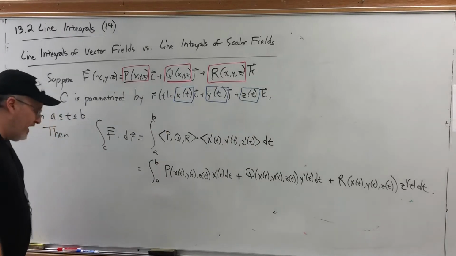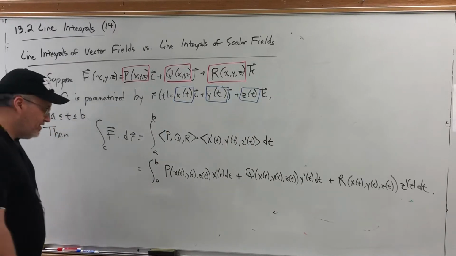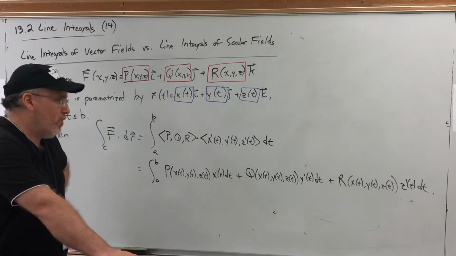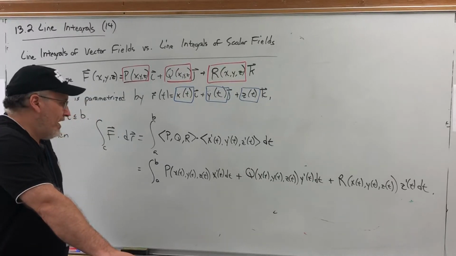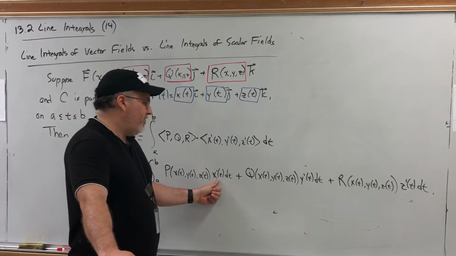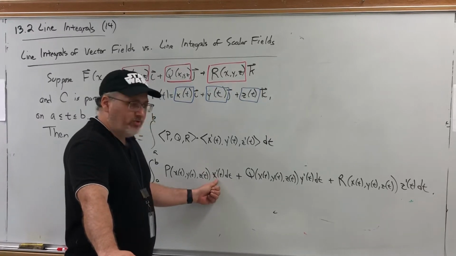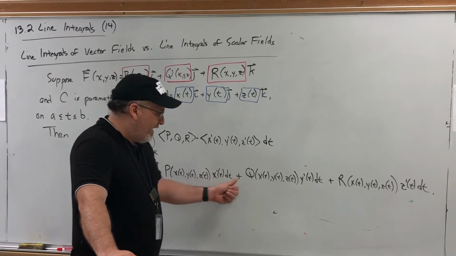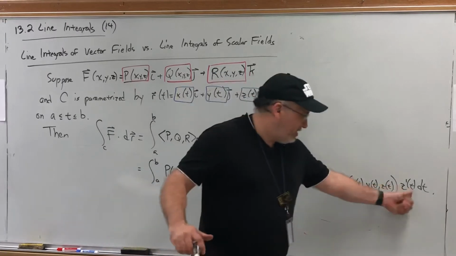So what's the big hoopla here besides having a huge mess? Well, we have 3 line integrals with respect to x, y, and z. Remember that a line integral with respect to x has just the derivative of the x function as opposed to the derivative of the whole arc length function. And the same thing with y and the same thing with z.